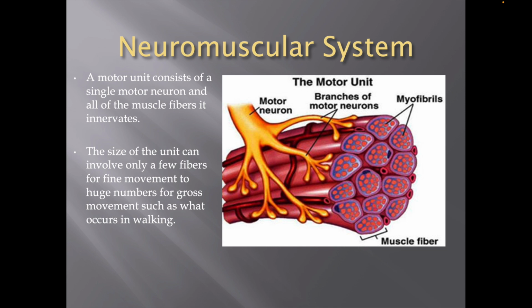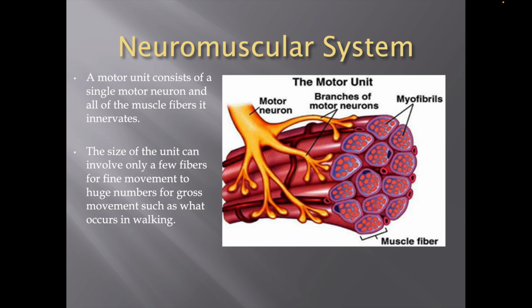Another example would be the motor units that innervate your finger muscles. Your finger muscles have to make very precise movements, so there are several different motor neurons that connect to your finger muscle fibers, and each motor neuron only connects to a few different fibers. On the flip side, movements like walking, you might have one motor unit that connects to hundreds of different muscle fibers.